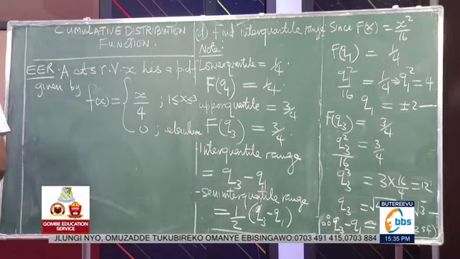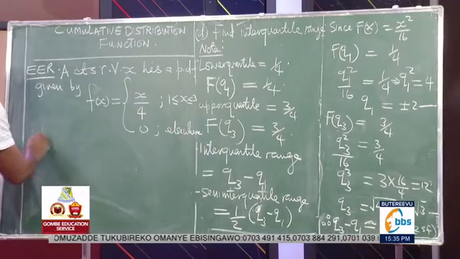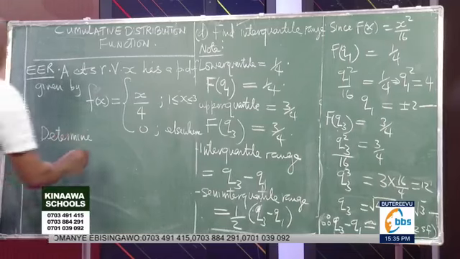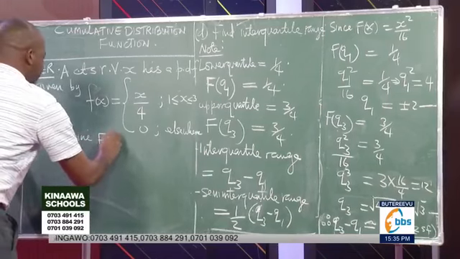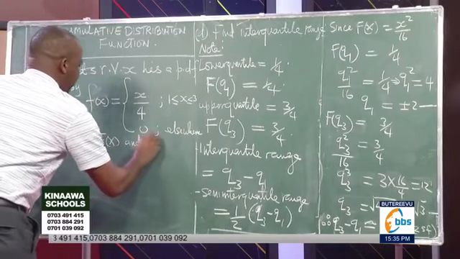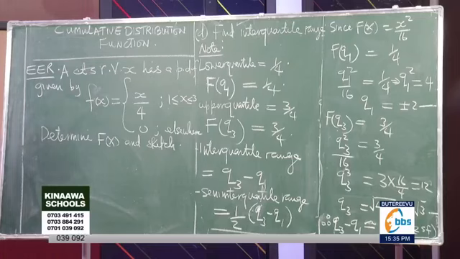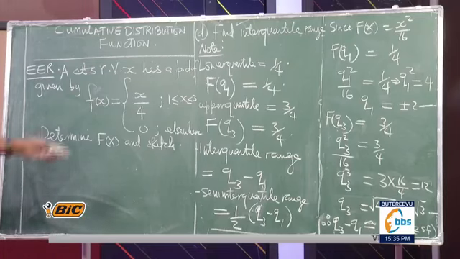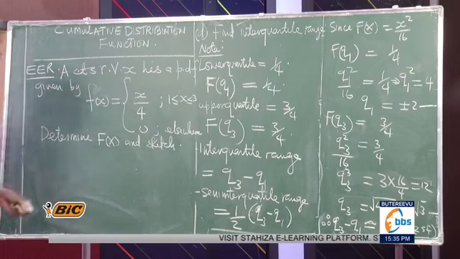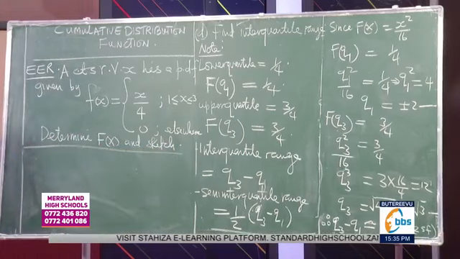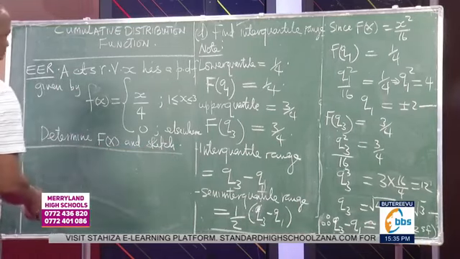Here, they want you to simply determine f of x and sketch. You are at liberty to try out all the parts that I have indicated in our first example up to the last one. My question will stop here, but you can subject that number to all the other parts.